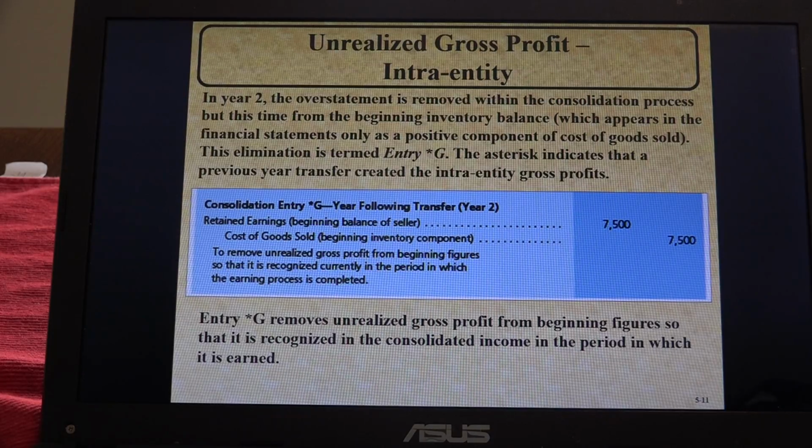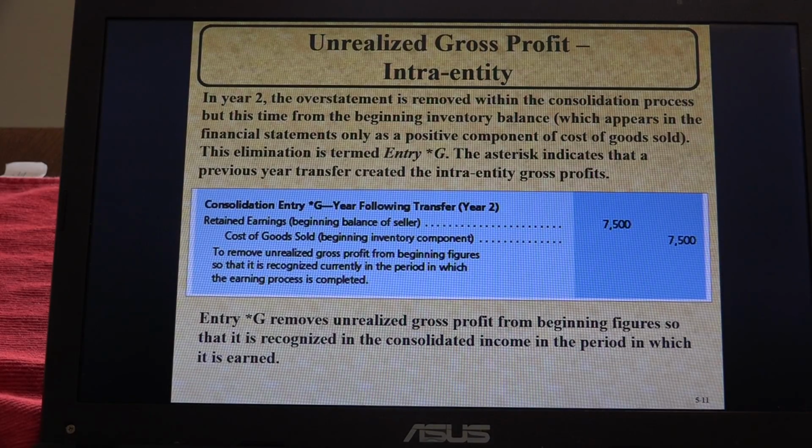Now, why are we debiting retained earnings? Well, the reason why we're debiting retained earnings is that this reduction removes the unrealized gross profit so that the profits are reported in the period when it's earned.